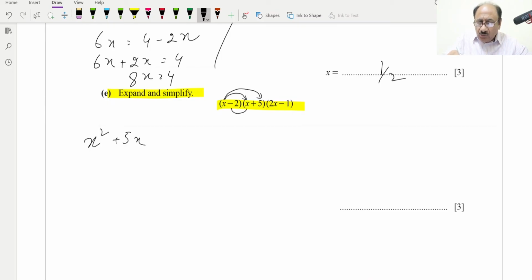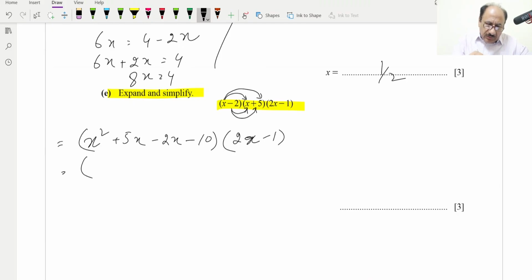Then minus 2 with x, so we will get minus 2x, and then minus 2 with 5, and we will get minus 10. I will put this one in brackets and the third term we will just copy as it is, and this can be simplified by adding like terms. So this will be plus 3x minus 10 into 2x minus 1.